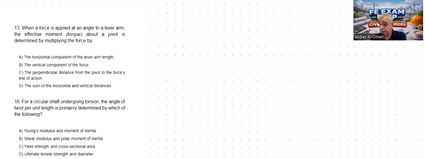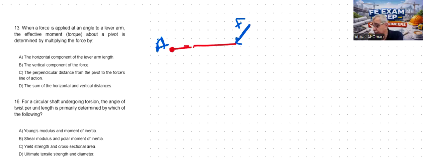So if this is a force, for example, and there's a pin here, and the force acts at an angle, if this is the force like this, and we want to determine the moment by the force at point A, the distance between the force and the point where we want to determine the moment should be the perpendicular distance.